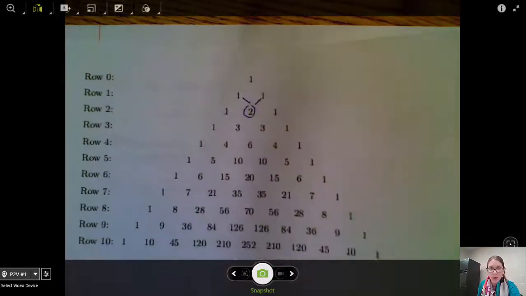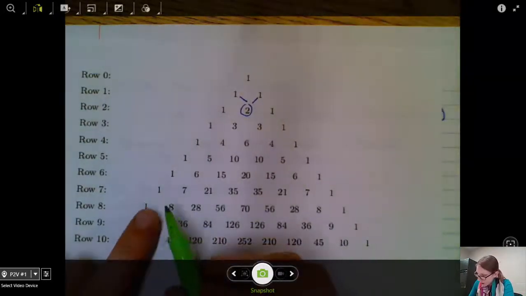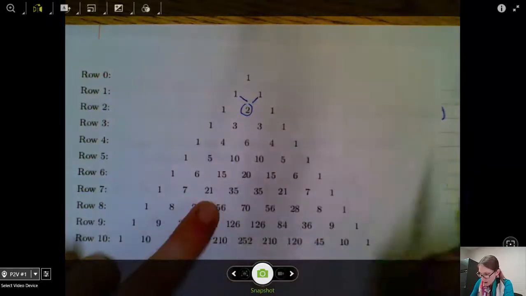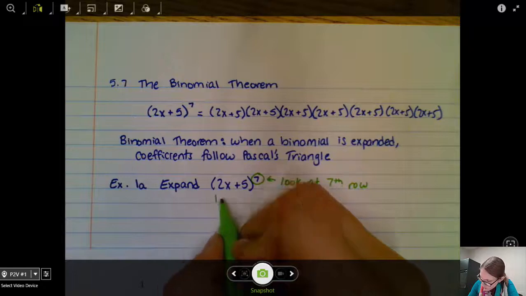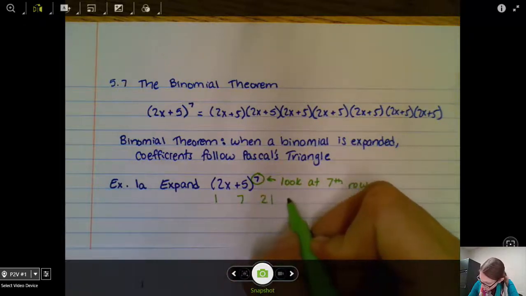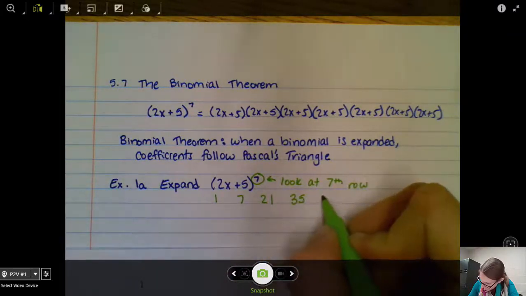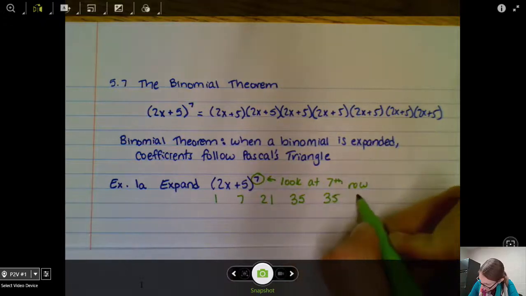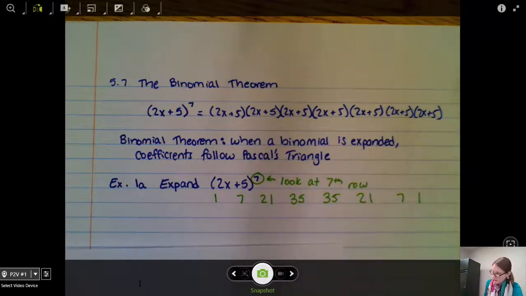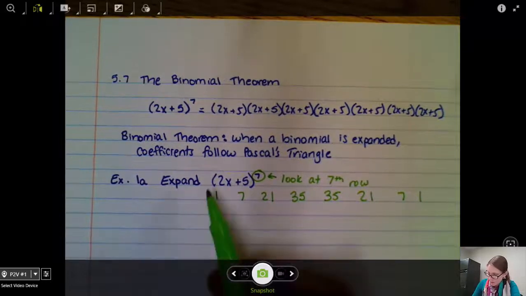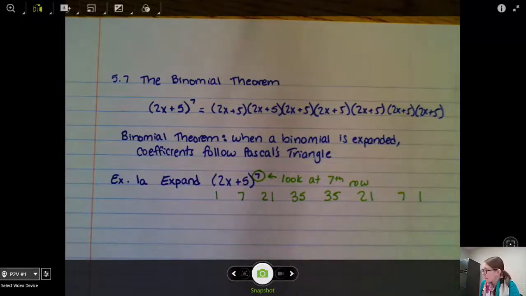And the 7th row, my coefficients, go 1, 7, 21, 35, 35, 21, 7, and 1. So these are my numbers in the 7th row of Pascal's triangle.